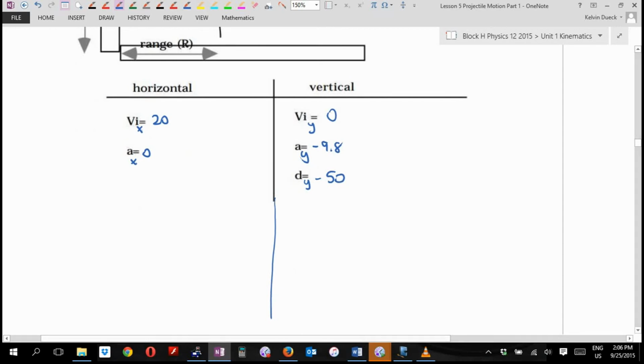What did I tell you that we wanted to spend most of our time trying to find? I'm looking for an equation that has V initial, A, D, and T in it. There is one.